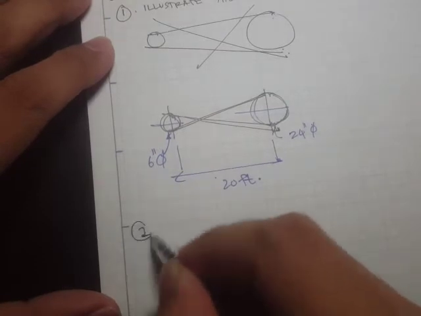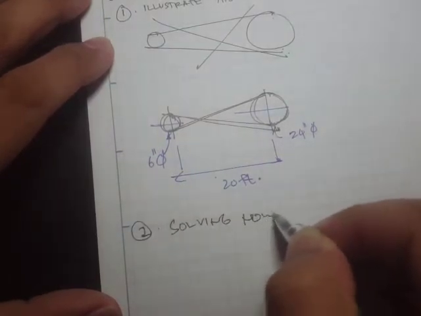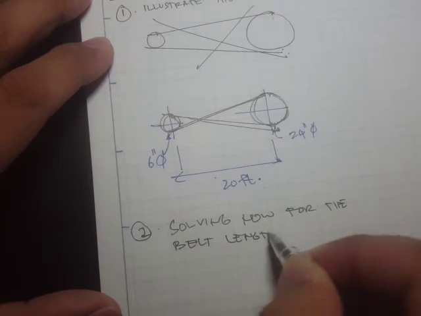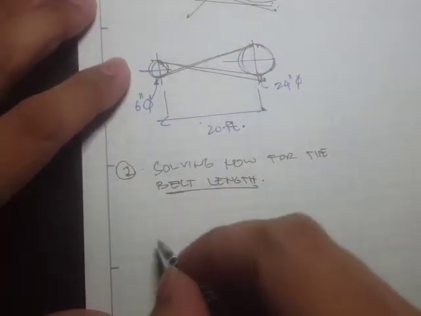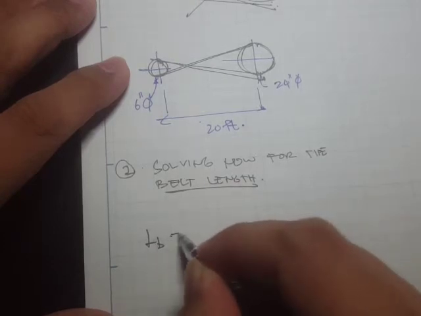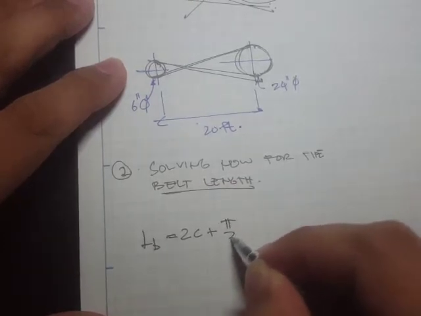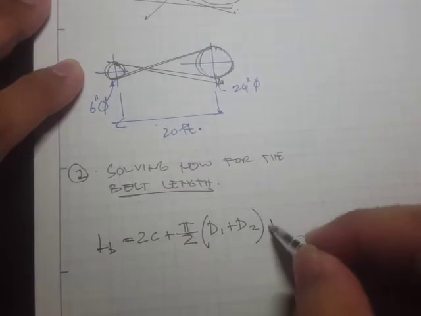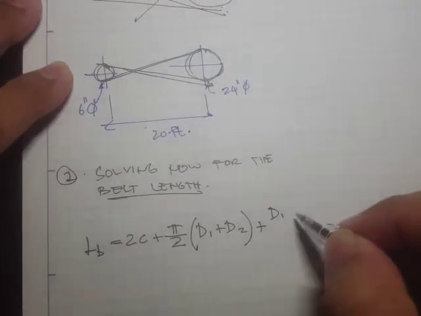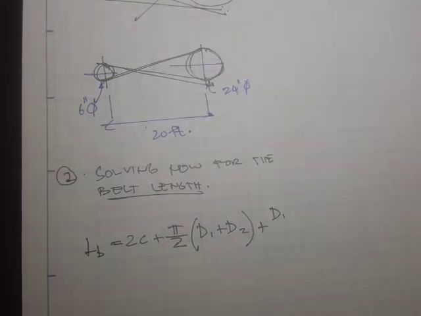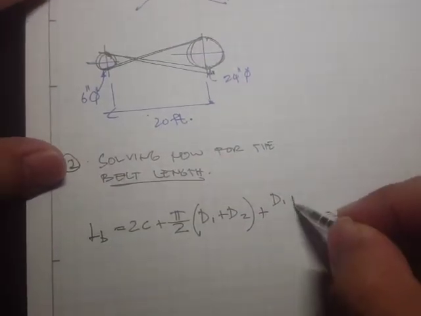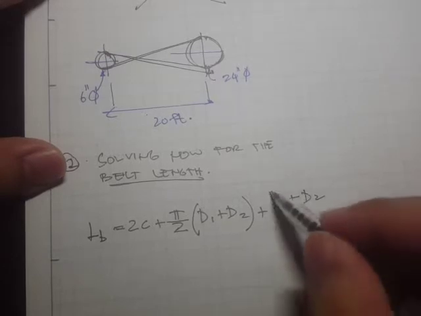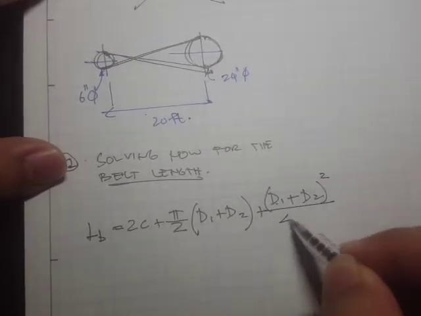So solving now for the belt length. Okay, so recall that the equation for this is just simply L sub B, the belt length, is equal to 2C plus pi over 2 times D1 plus the diameter of the driven, D2, plus, because the minus sign is for the open drive, D1 plus D2 squared all over 4C.